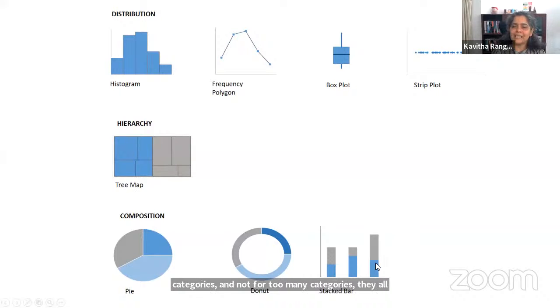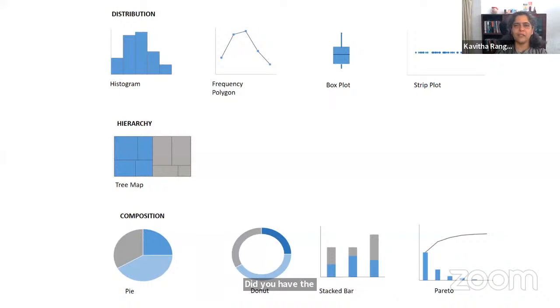You could also think about stacked bar graphs if you have a small number of categories to work with. And finally, a Pareto is sometimes used in composition. A Pareto is nothing more than a standard bar graph with a cumulative line. So if you have the 80-20 rule, or something similar, where the contribution of some of the categories is very large.